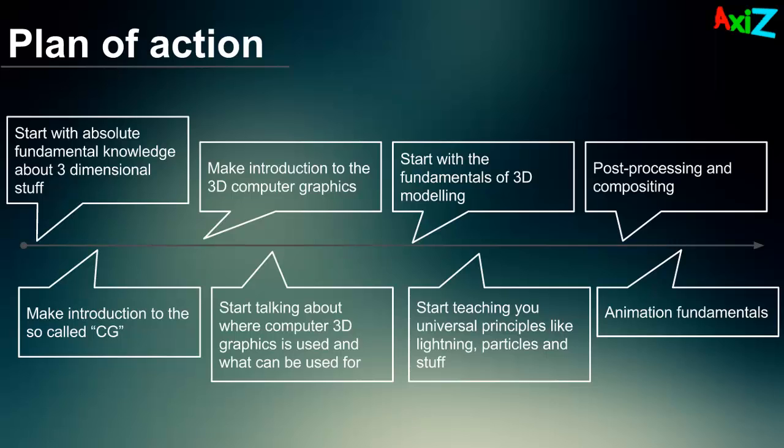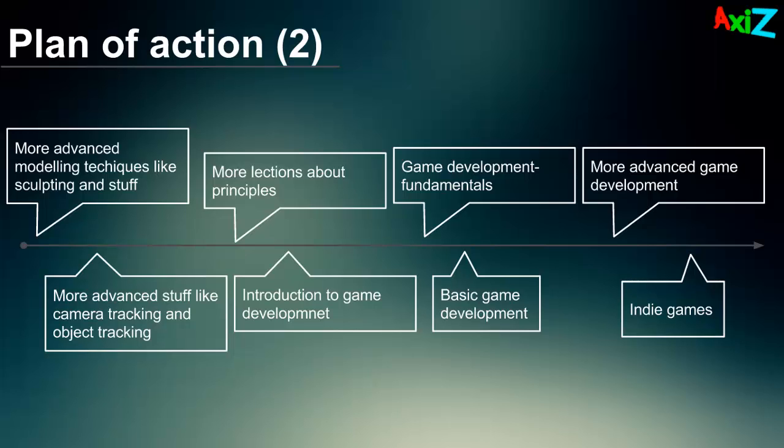Like you create a model of a car, you render it and it becomes a picture and you edit it in Photoshop so you can add some additional effects. And we'll start doing animations, which is cool. Then more advanced modeling. I'll show you how to sculpt things, which is very useful when you're doing a face. And then I will show you something very cool called camera tracking and object tracking.